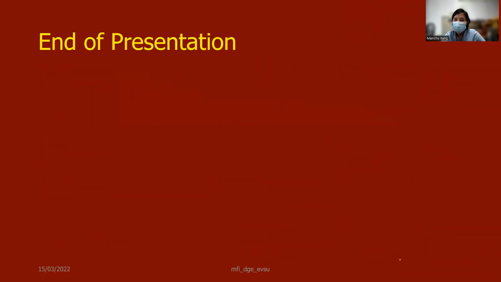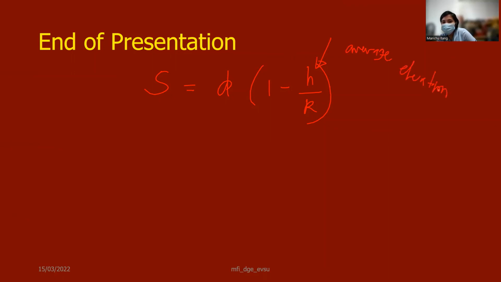Okay? So as for the end, now again, take note that your S equals D, 1 minus H over R. Take note, H is the average elevation of your points, and then R is the radius of the earth.